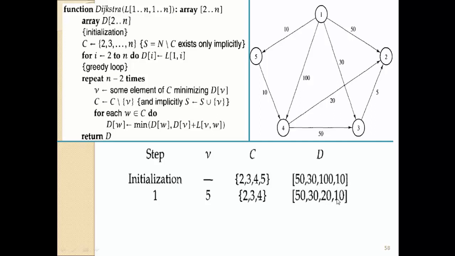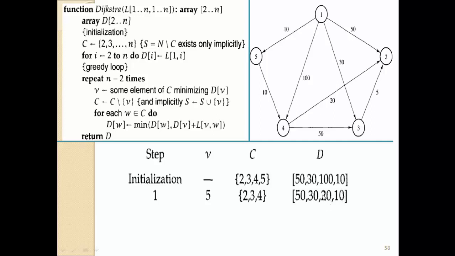Now 10 and 20 both are the minimum, so we will check for the third value, that is our d of 3. Now we have to repeat the same steps. Out of these three nodes, we have to identify the corresponding edge which is minimum. So from all of this, we already considered 10.